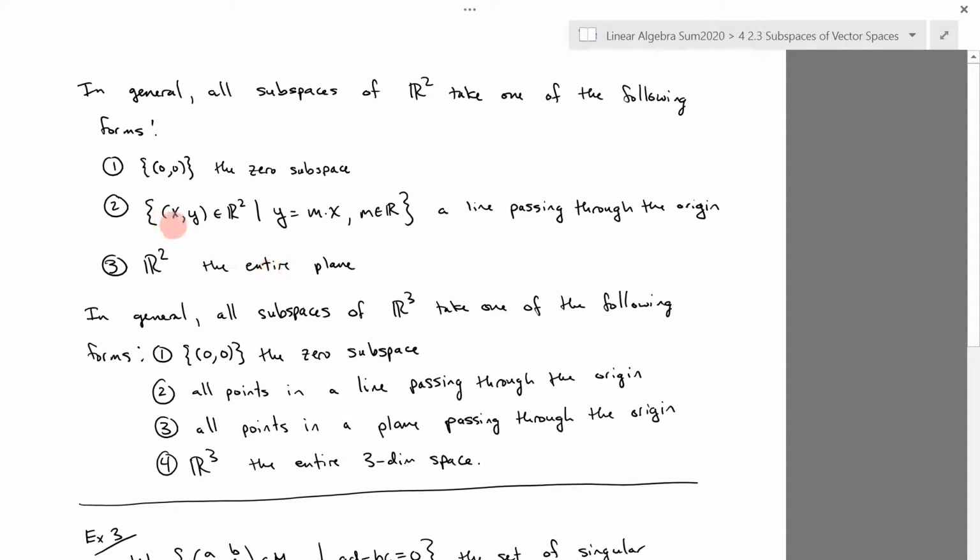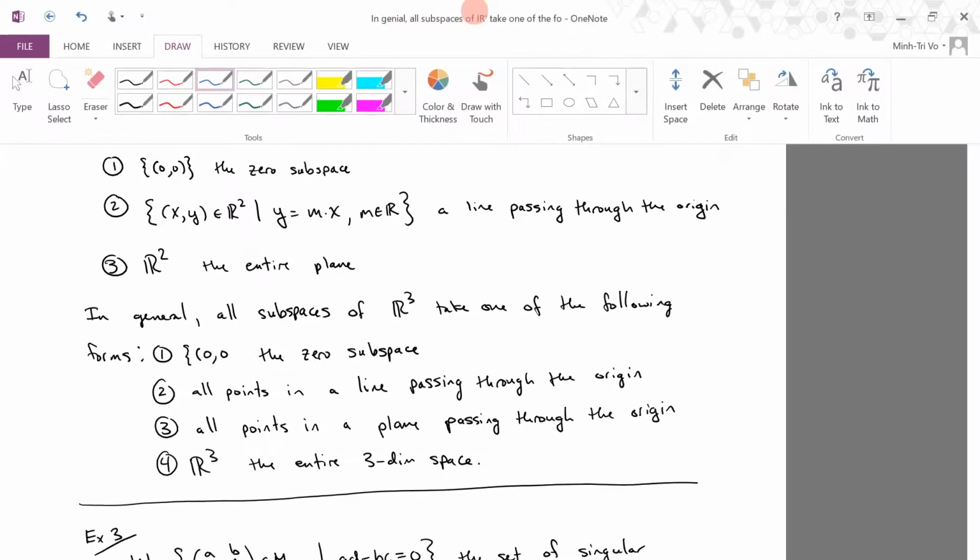However, in terms of proper subspaces, for the plane, the only proper subspaces are the different lines that pass through the origin. And for three-dimensional space, the only proper subspaces are either lines passing through the origin or planes passing through the origin. In this case, the zero vector should have 3 components.